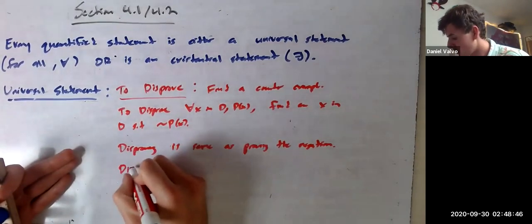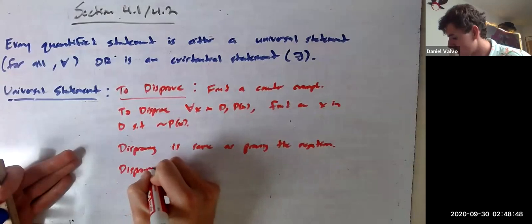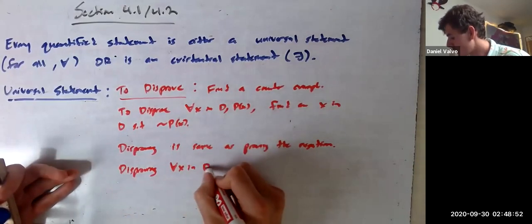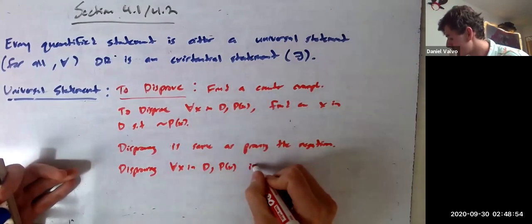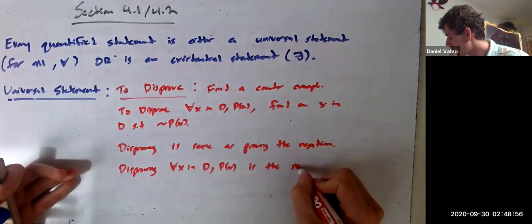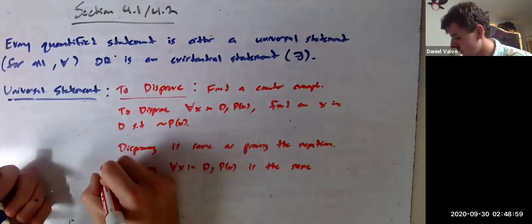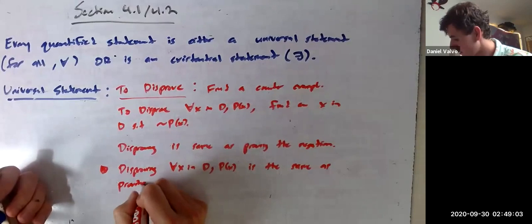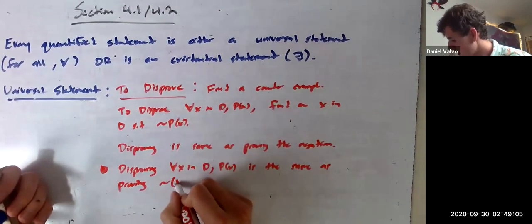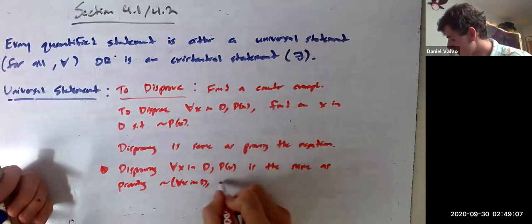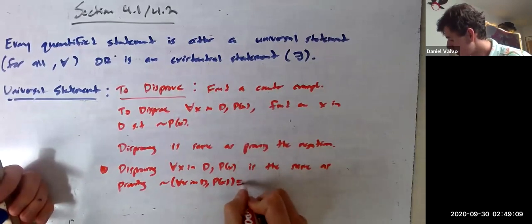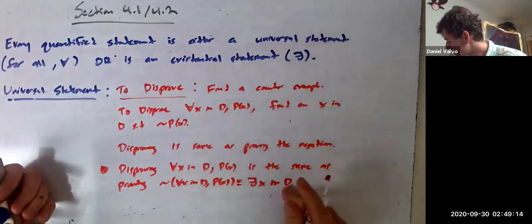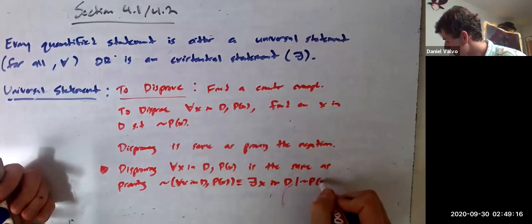So disproving for all x in D, p of x is the same as proving the negation of this, which is an existential statement: there exists an x in D such that not p of x, right?